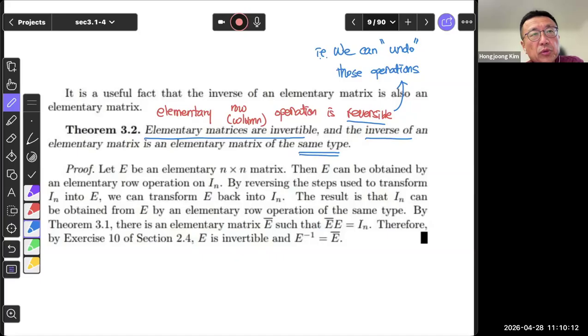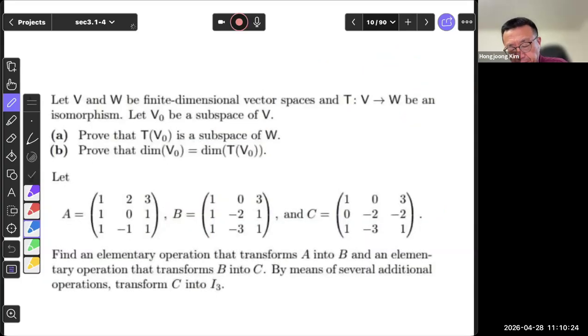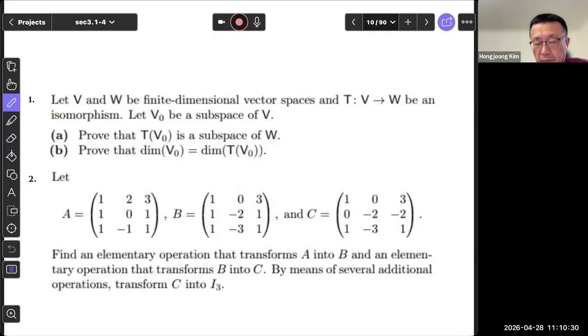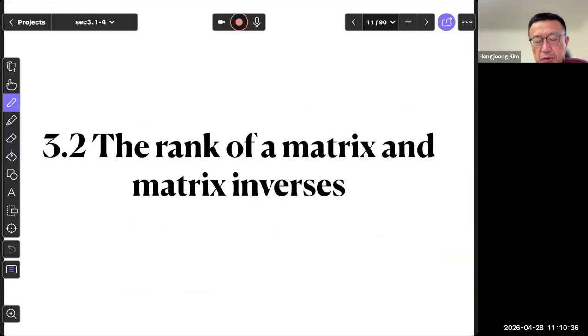So that's what we could observe from the example, or you can check the proof. We already considered those previously, and we already mentioned this example. This is the exercise problems, and you can just check this yourself. I already considered this previously. So that's what we considered in section 1.